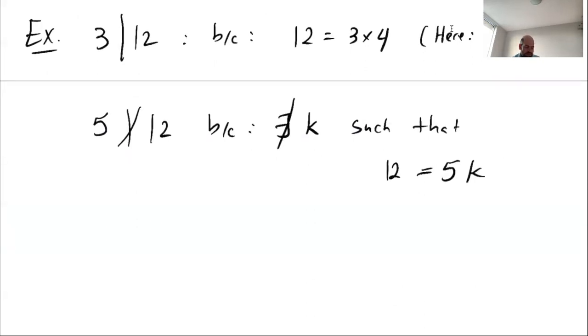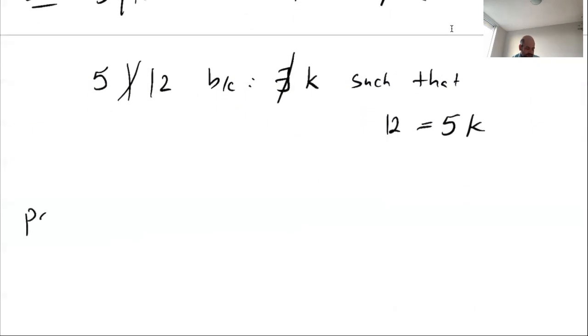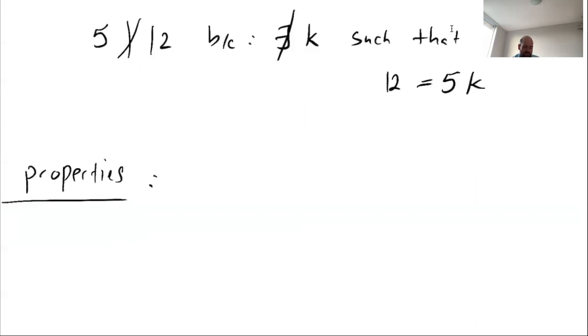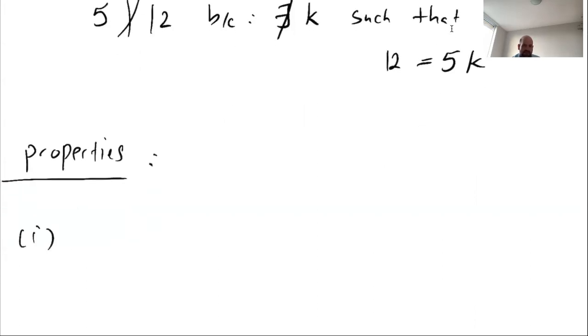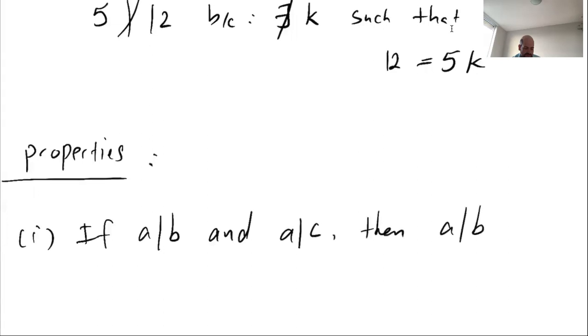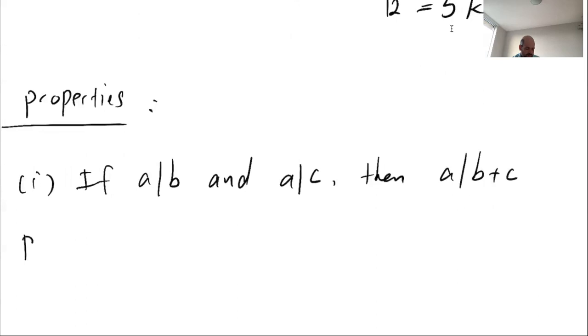Okay, so now let's look at some properties. The first property: if A divides B and A divides C, then A divides B plus C. So let's see how we can prove this.